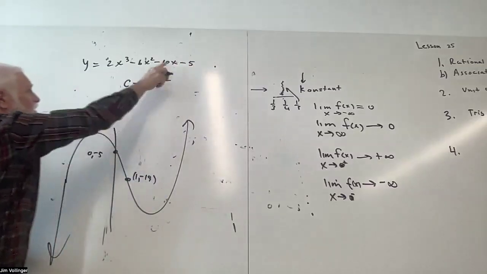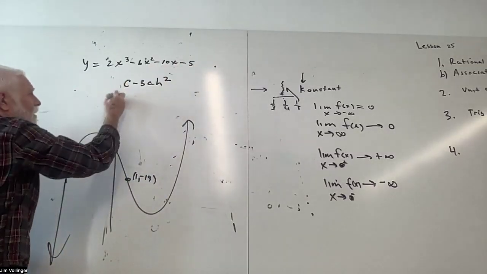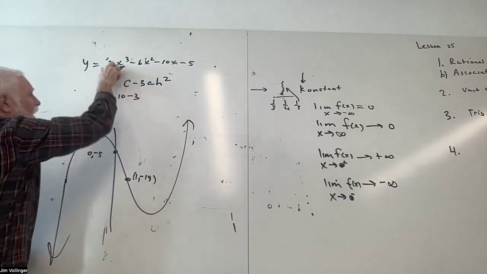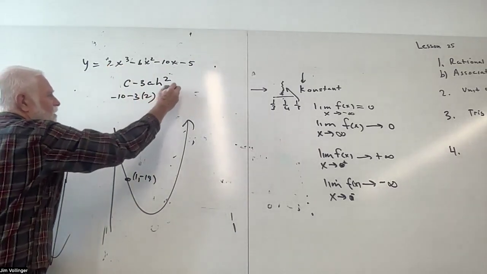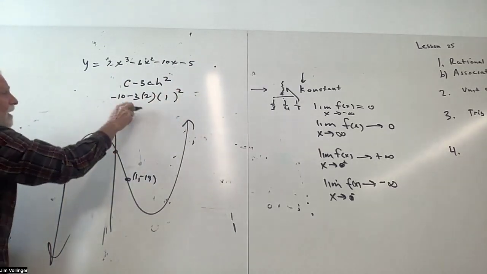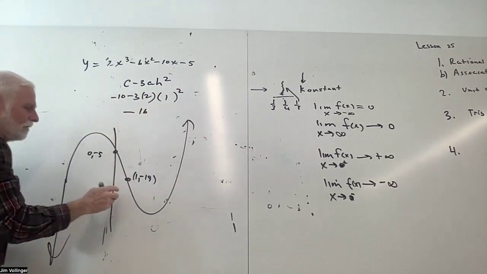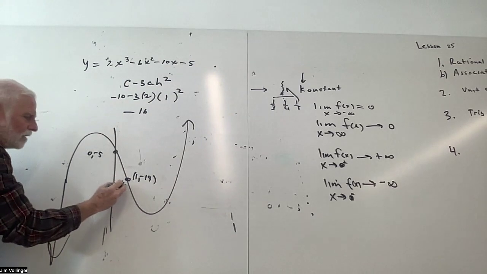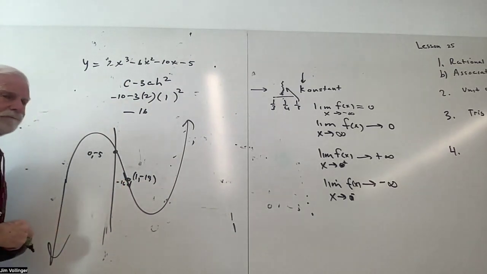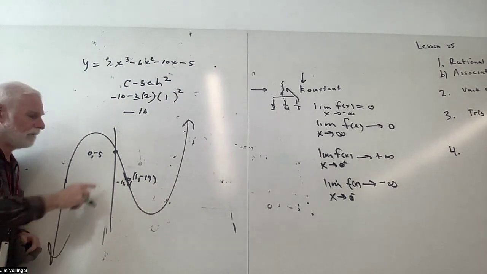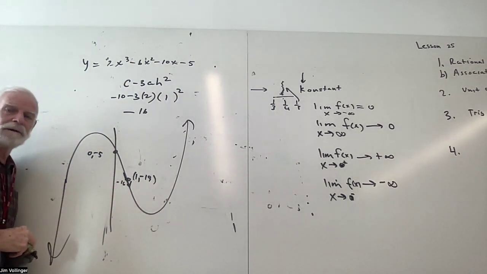There. That was the original. So what's C? Minus 10 minus 3, A is 2. What's H? H is minus B over 3A, so 1 squared. That's minus 16. So I'm going down at 16 to 1 at this instant. That's the minimum rate of change. That's the fastest I'm declining right there.